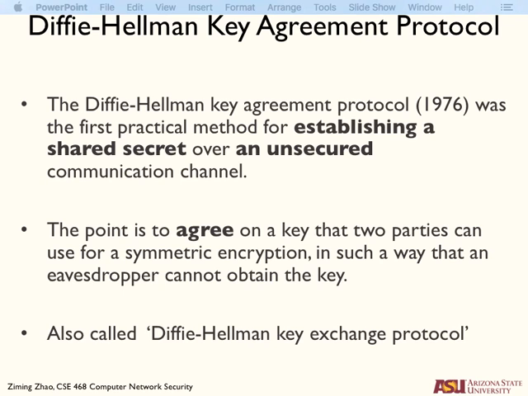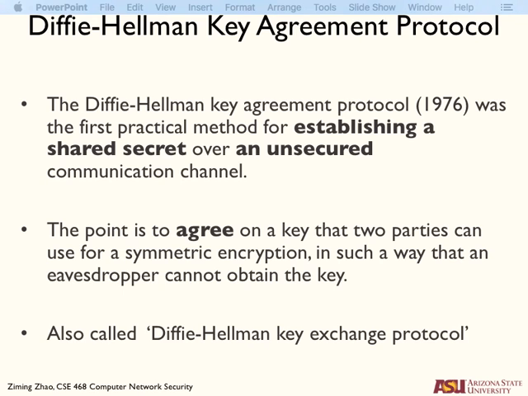So there is a way to solve this question. This is called the Diffie-Hellman key agreement protocol. It is also called the Diffie-Hellman key exchange protocol. But after we look at how it works, you will realize maybe key agreement is a better word for it, because they're not really exchanging the key, they're more like negotiating the key.